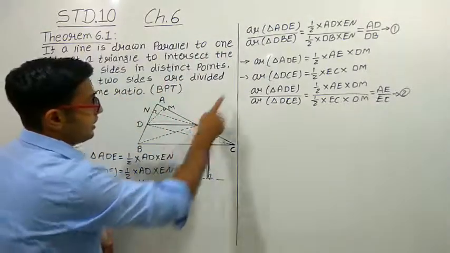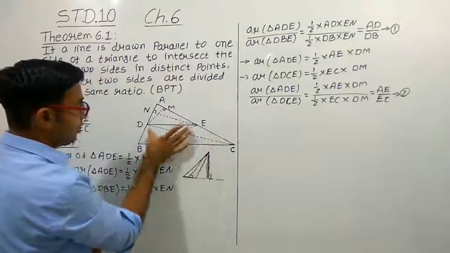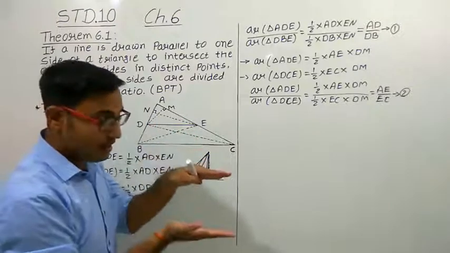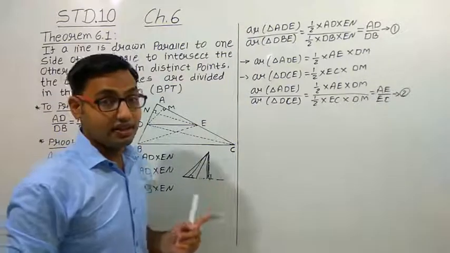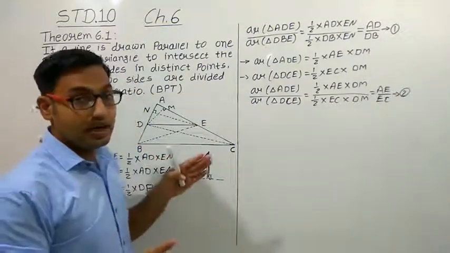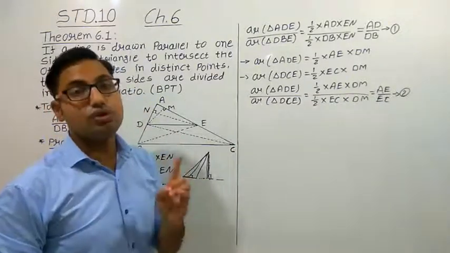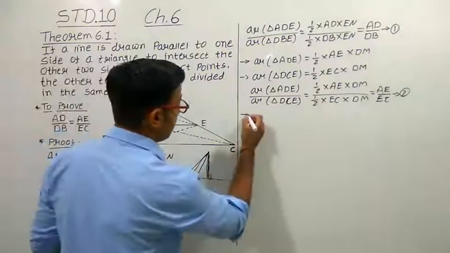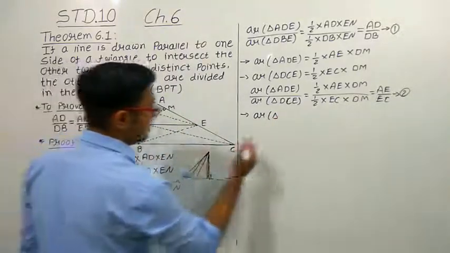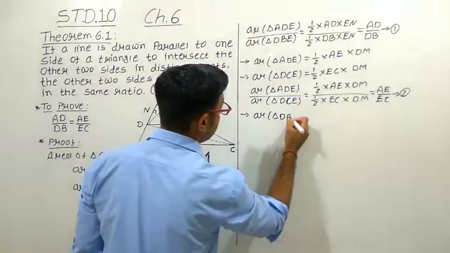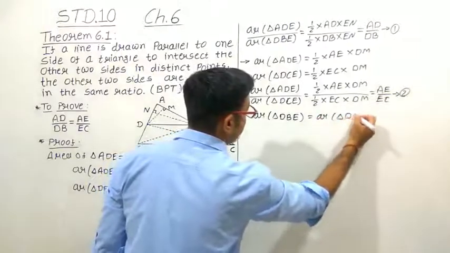So let us see here, triangles DBE and DCE. Both triangles are between the same parallels and have the same base. Remember, in standard 9 we have studied that if two triangles are between the same parallels and have the same base, then their areas are also equal. So here we can write that area of triangle DBE is equal to area of triangle DCE.